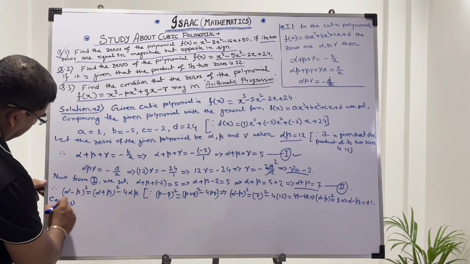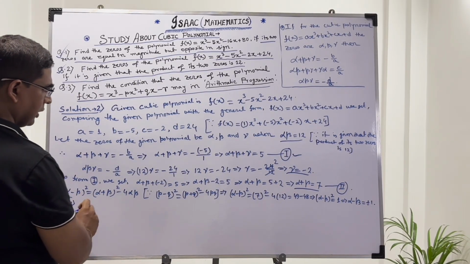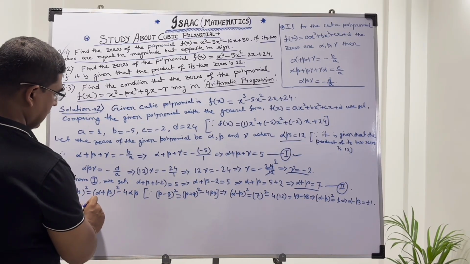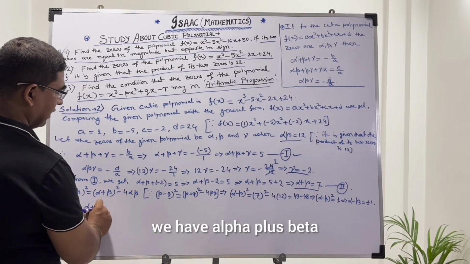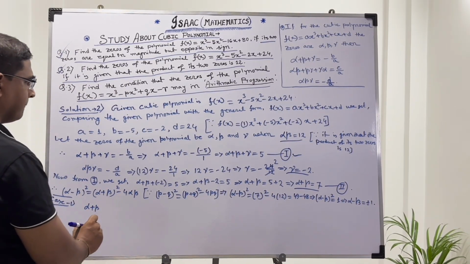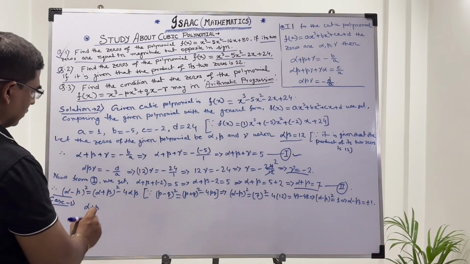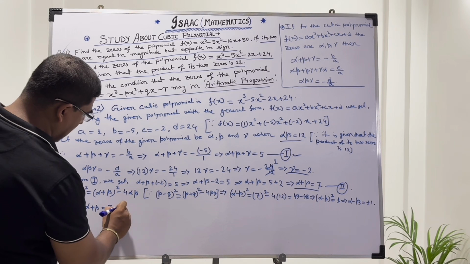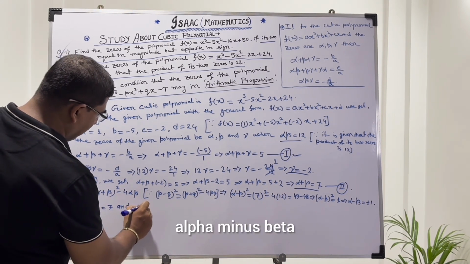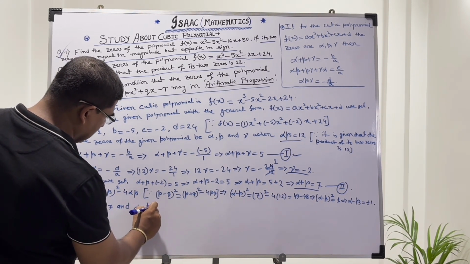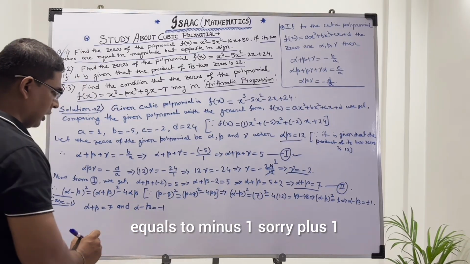In case 1, we have alpha plus beta equals 7 and alpha minus beta equals plus 1.